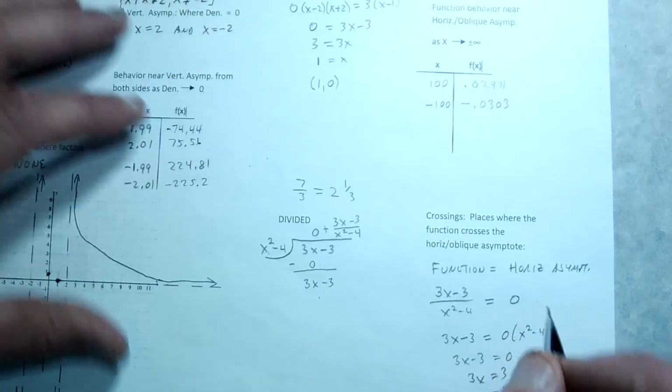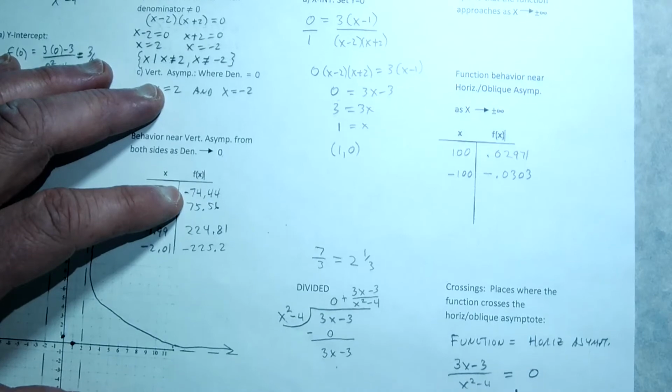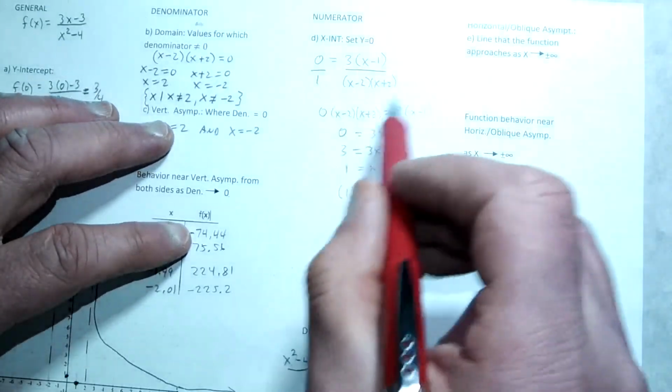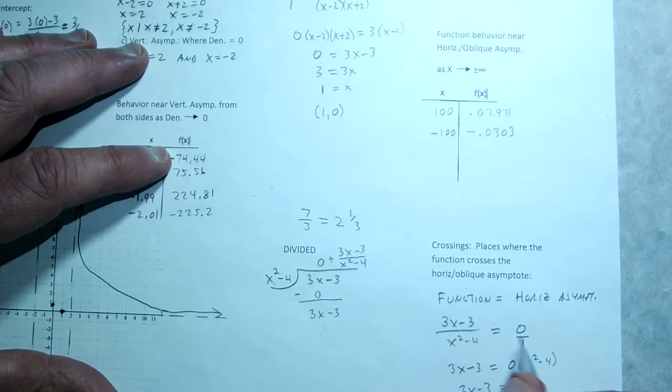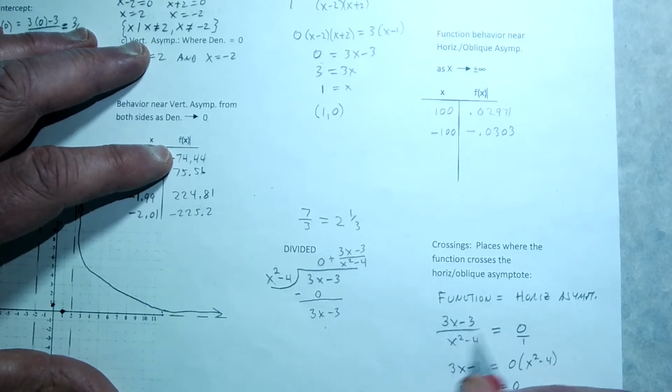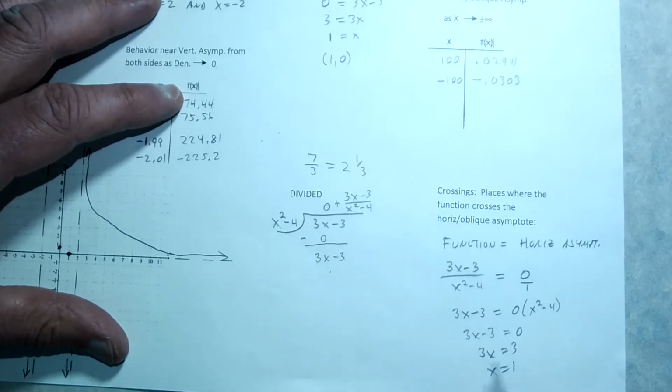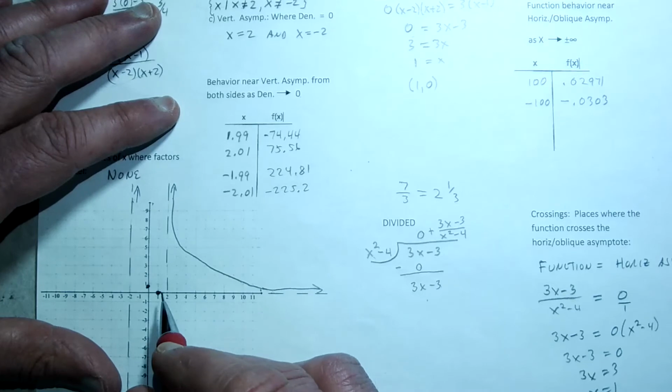Well, think about it right here. What I really have is the same solution that I had up here. When I cross multiply here, I'll get 3x minus 3 equals 0. And the only solution was at 1. And so that was the only place I'll ever cross.